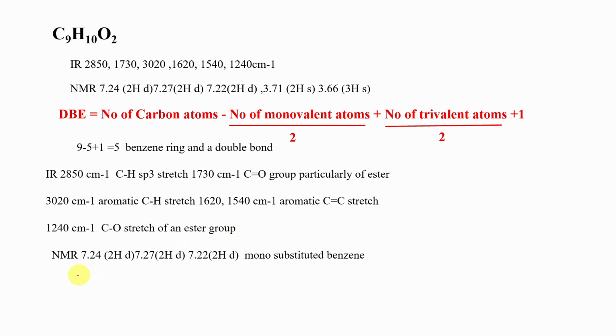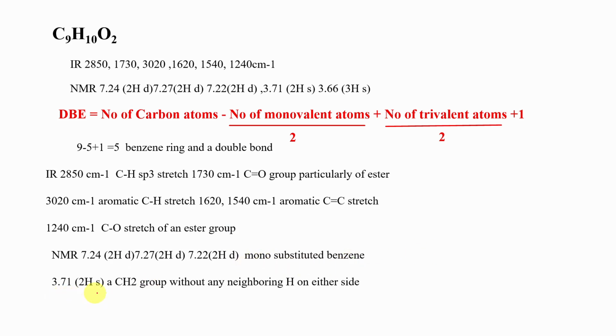Then NMR values 7.24 2 hydrogen doublet, 7.27 2 hydrogen doublet, 7.22 2 hydrogen doublet, and so 3 ring carbon hydrogen signals. That indicates mono-substituted benzene.